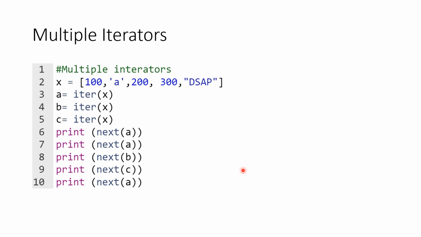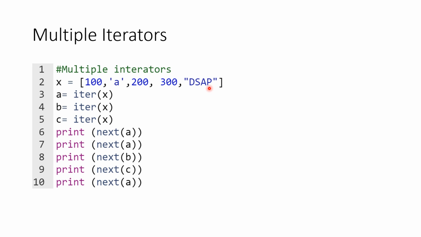And also we can have multiple iterators for an iterable object. But for each iterator, we must have a separate iterator object. So how it goes? Here X is a list, having the elements 100, A, 200, 300, and DSAP.